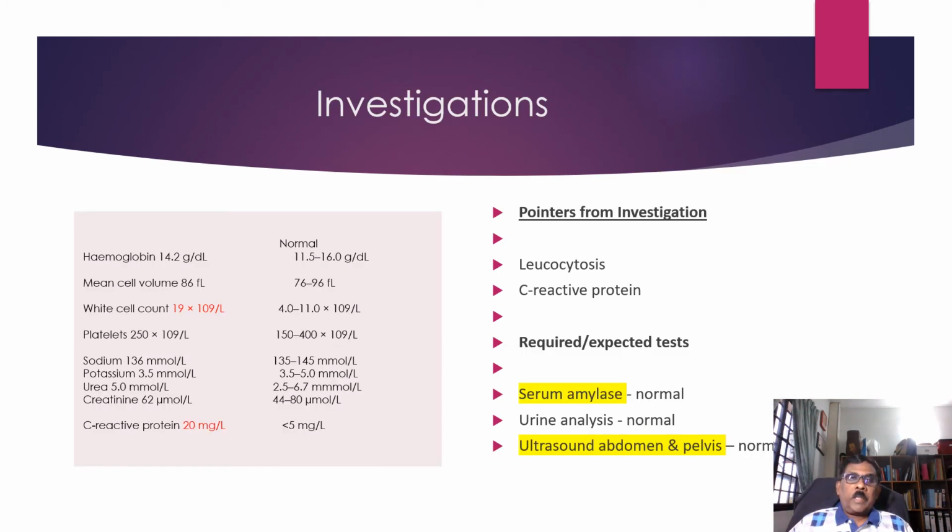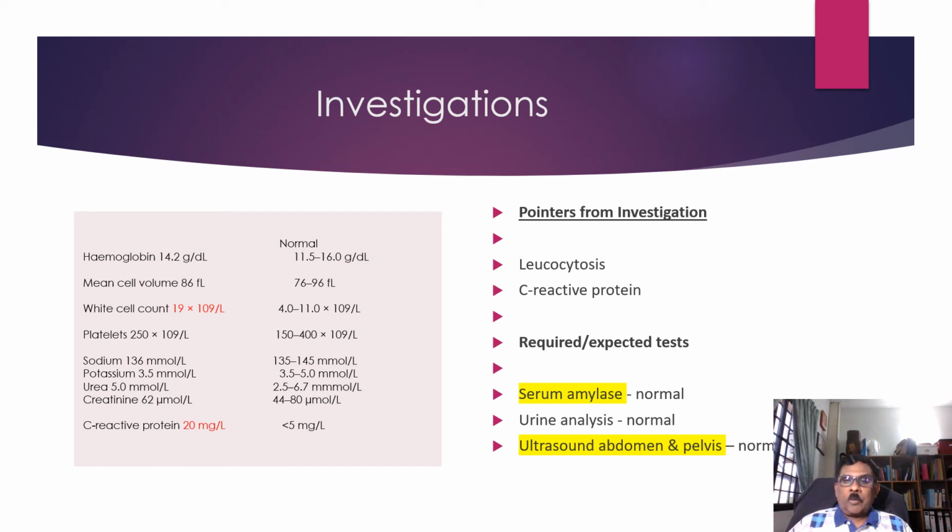Okay, next we carry on with the investigations. In the investigations, the white cell count is high, so there's leukocytosis, and the C-reactive protein is raised, which suggests an inflammatory and probably infective cause. We need the serum amylase; urine analysis is normal; ultrasound of the abdomen and pelvis.